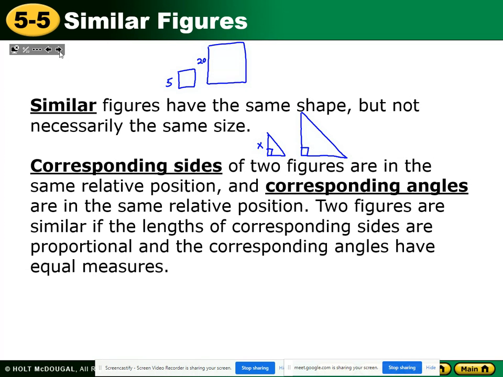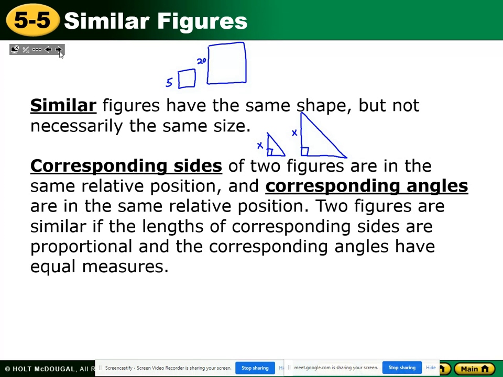Is it the vertical side, the horizontal side, or the diagonal side? Which one is corresponding to the x? Gavin? Gavin says this one is corresponding to the x. Do you see how they're the same side of the same figure? Okay, that's what it means by corresponding sides. They are in the same relative position.